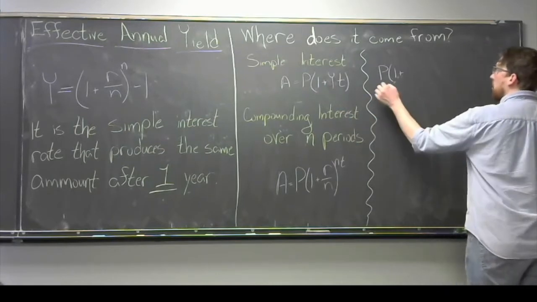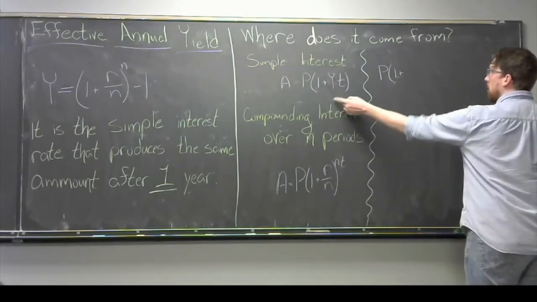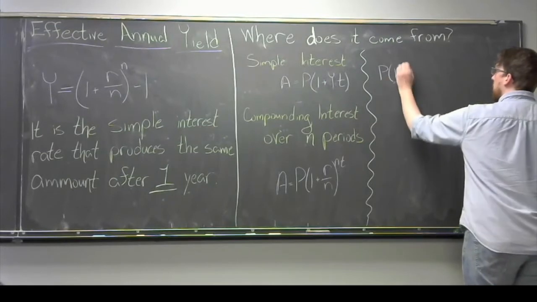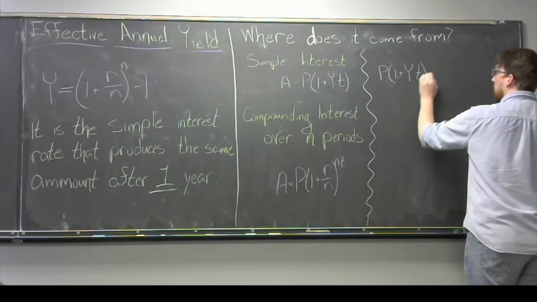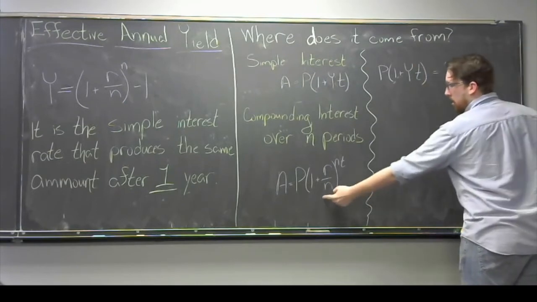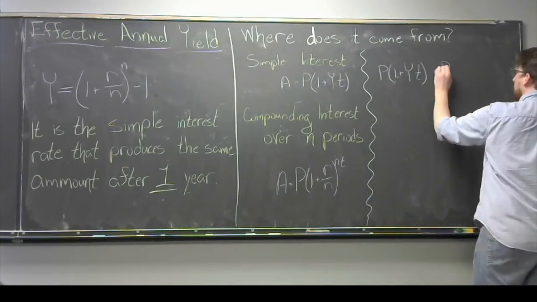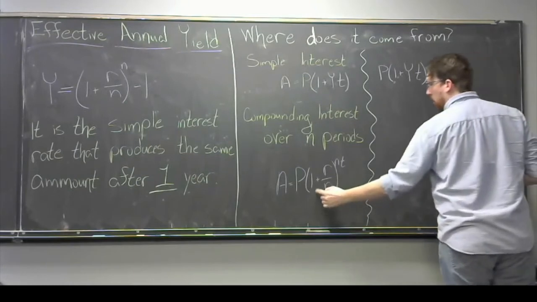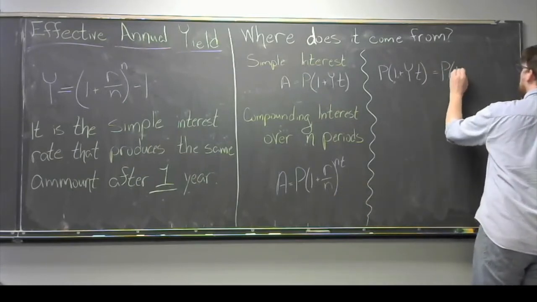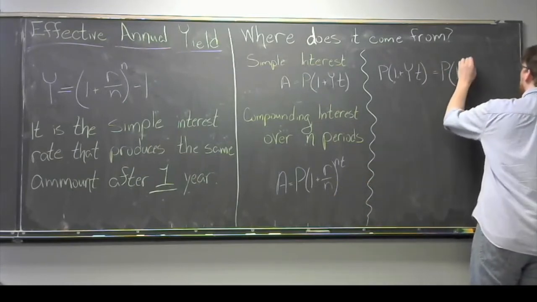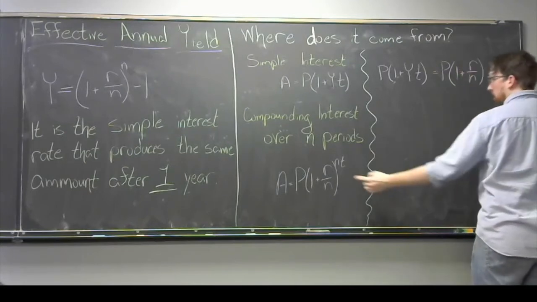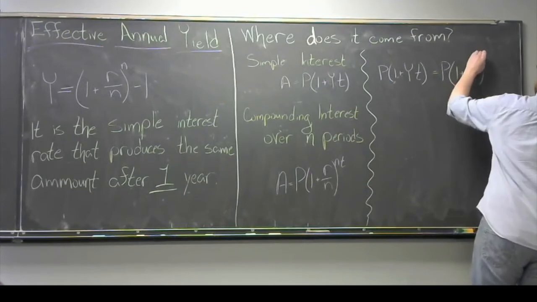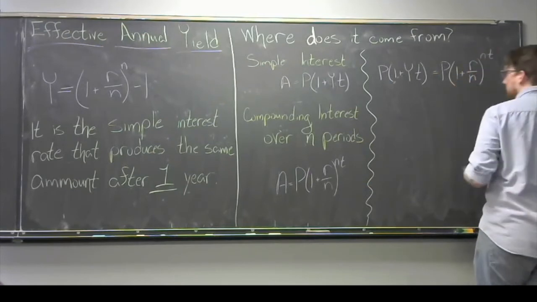All right, so we're going to set these two equal. P times the quantity 1 plus yt is equal to P times the quantity 1 plus our compounding rate divided by the number of periods, raised to the number of periods times t.